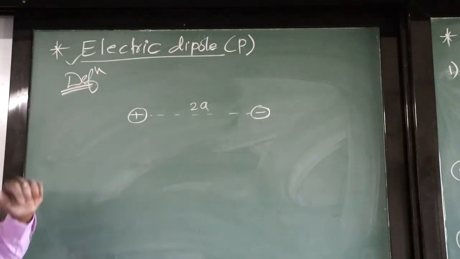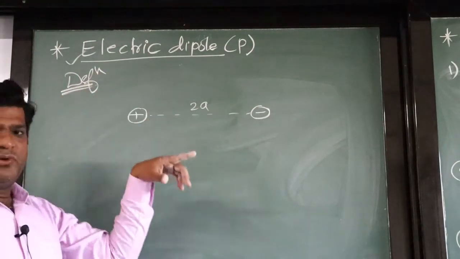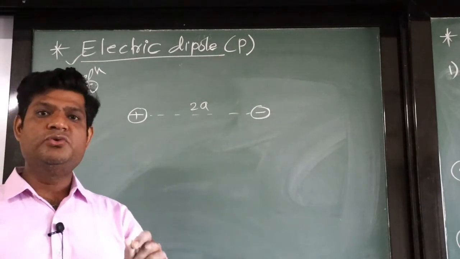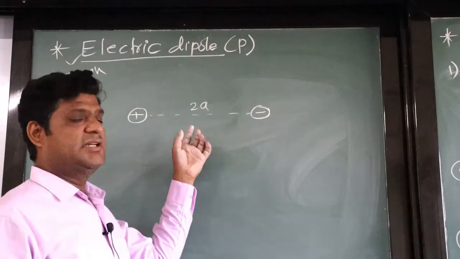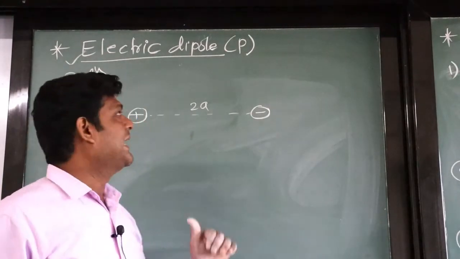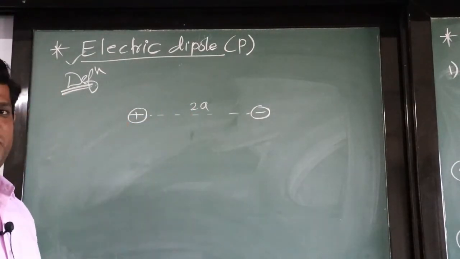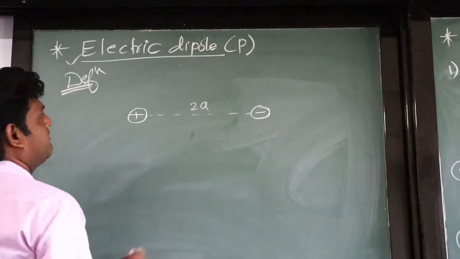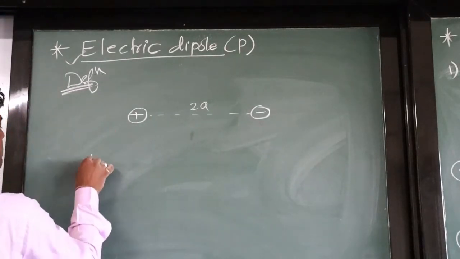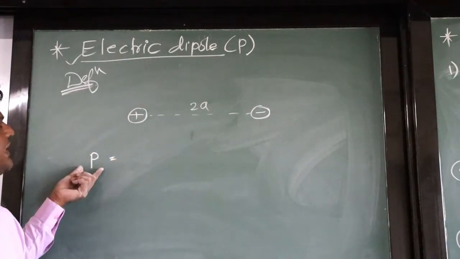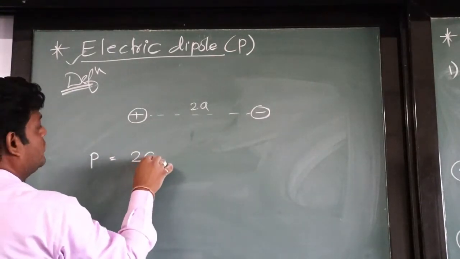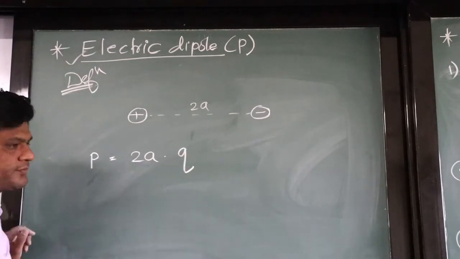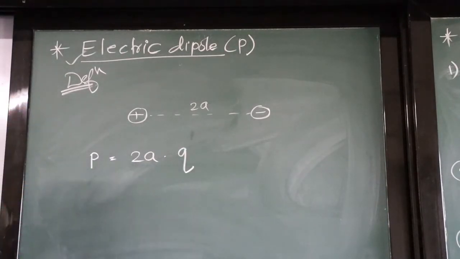So the definition is very simple. An electric dipole is a system of two equal and opposite charges separated by some distance 2a. Mathematically, the electric dipole is denoted by the letter P, and P equals 2a into q.